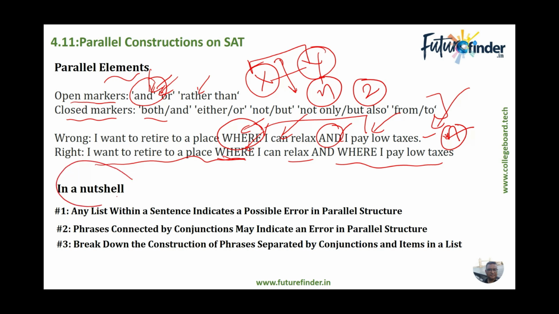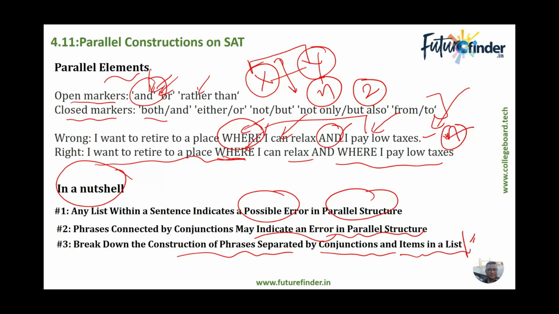In a nutshell, any list within a sentence will have a possible error in the parallel structure. We must look at it from that perspective. Phrases connected by conjunctions may indicate parallel structure, so break down the construction of the phrases separated by conjunctions and the items in a list to find out if there are errors on the SAT.